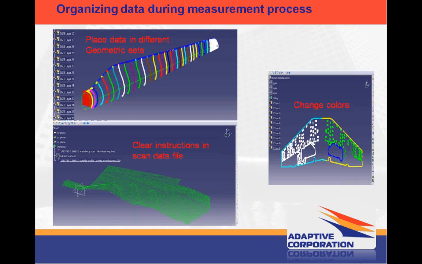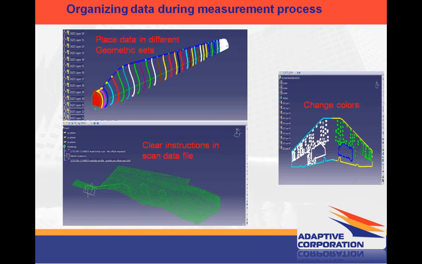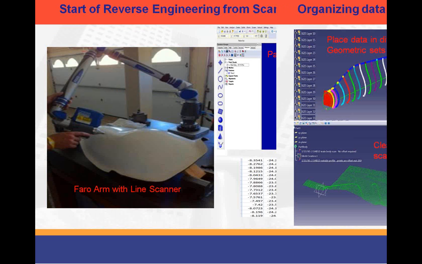We can change color as the different part of the job is being scanned or measured, and we can put instructions into the CATIA model for the design guy to be able to clearly follow. So colors, layers, sets, and instructions is very important as the technician passes the data on to the design engineer.